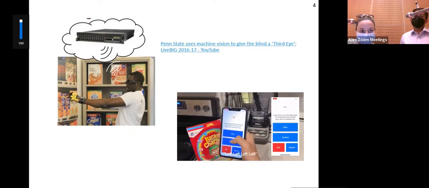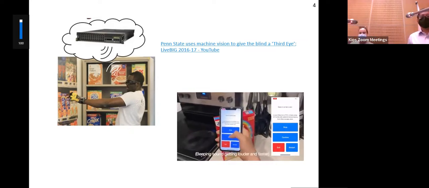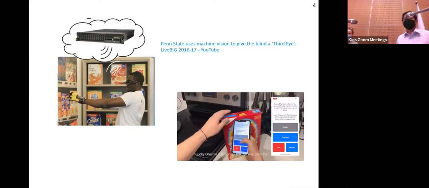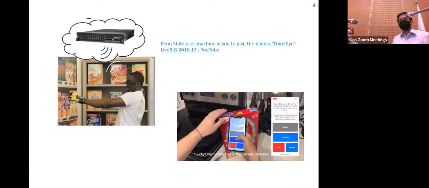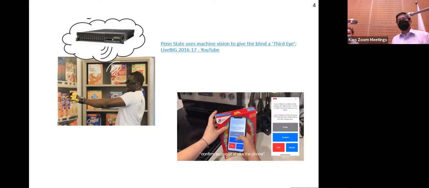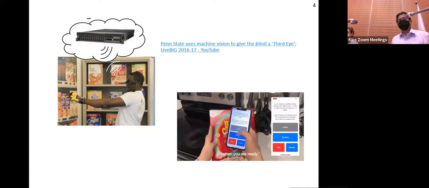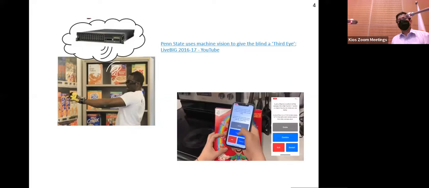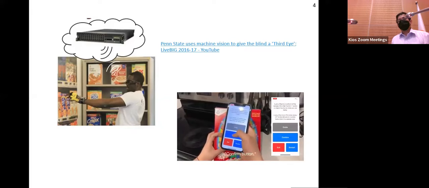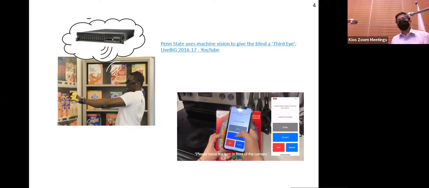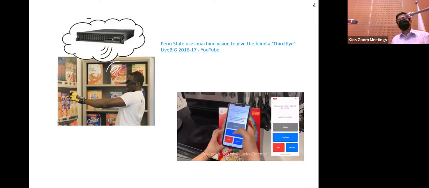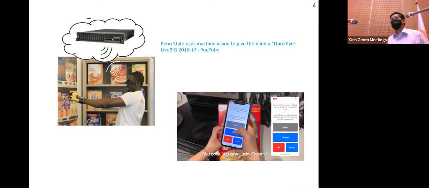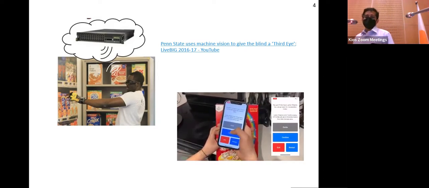Left, left, left, left. Lucky Charms is in front of the camera. Click the confirm button or shake the phone when you are ready. Confirm button. Please move the item in front of the camera. You got it. You have Lucky Charms. You can go back to the select.